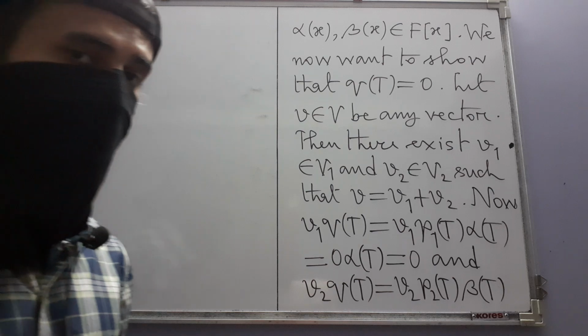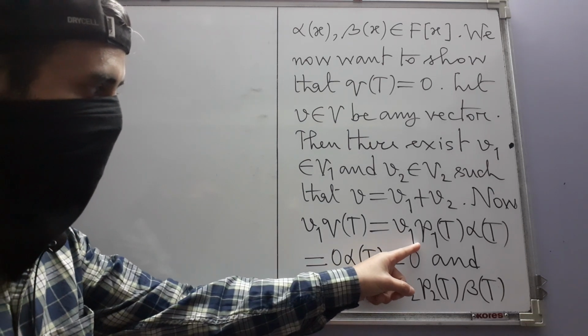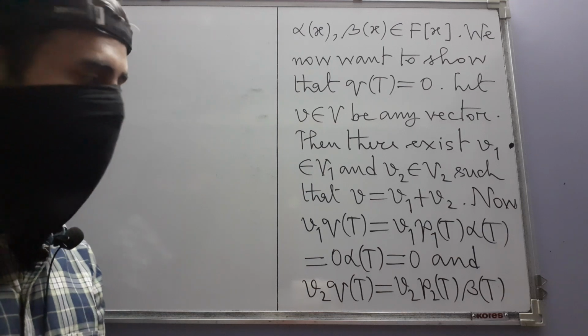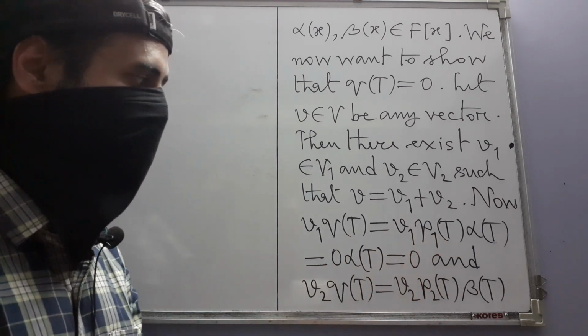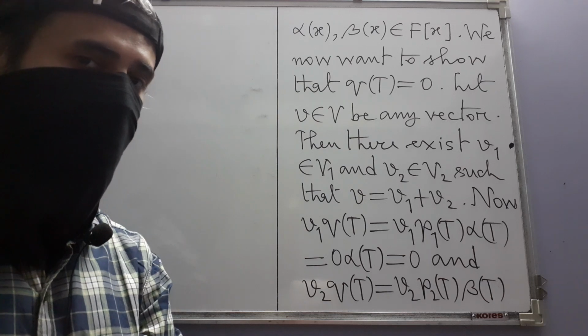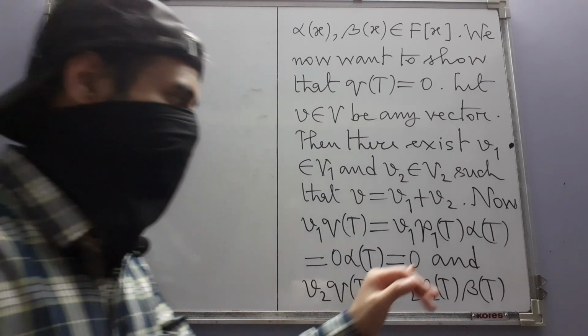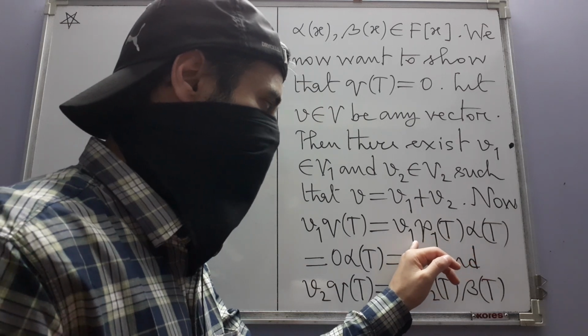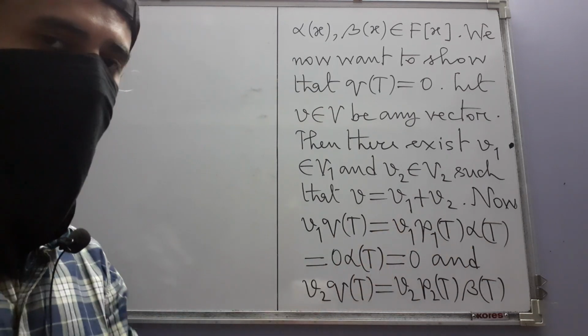If you are keenly observing, you may have a slight confusion here. How is it that P1 of t is the 0 operator? Well, we are applying P1 of t on what? On V1.